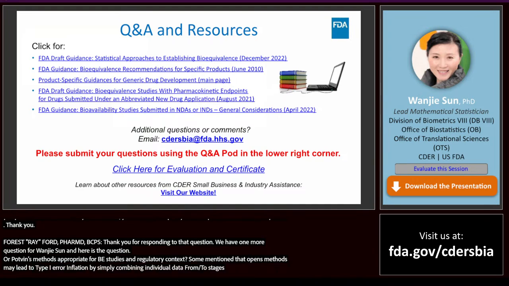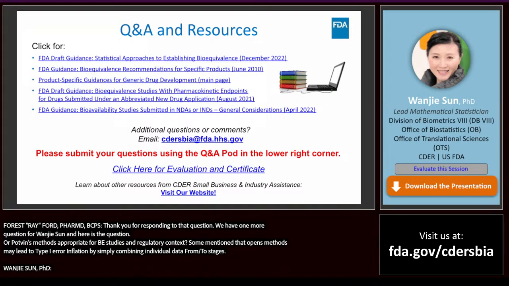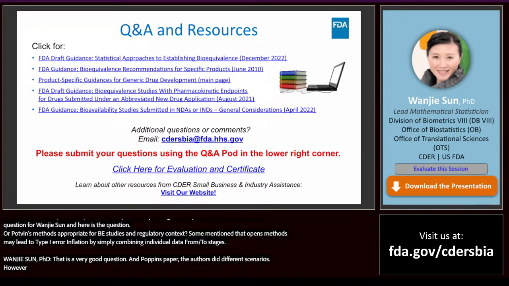That is a very good question. Potvin's methods currently are the most popular adaptive design methods for bioequivalence studies. In Potvin's 2008 paper, the authors did extensive simulation to evaluate the type 1 error rate inflation under different scenarios. However, because Potvin's methods are based on simulation, it is impossible to exhaust all the possible scenarios, what we call the sample space in statistics.